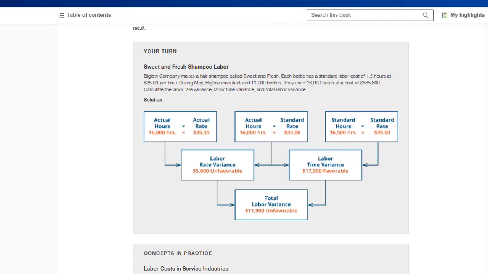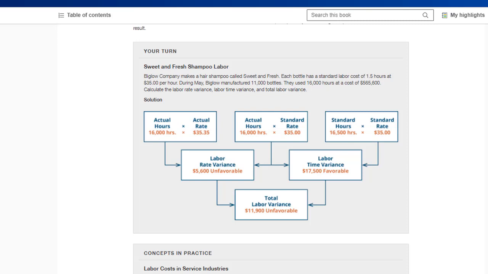Are these good numbers or bad numbers? Well, it depends. If you look at the upper right-hand box of the chart, the standard, or budget, or original expectation was that the company would only pay $35 an hour. That's lower than $35.35 per hour.